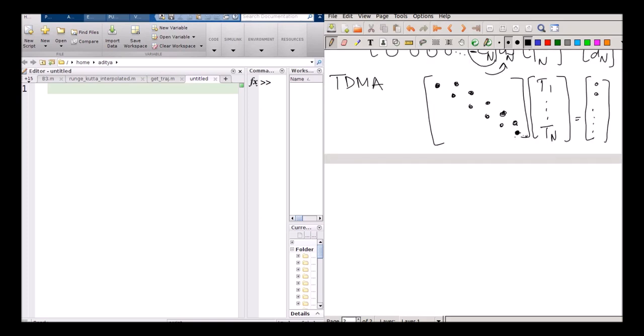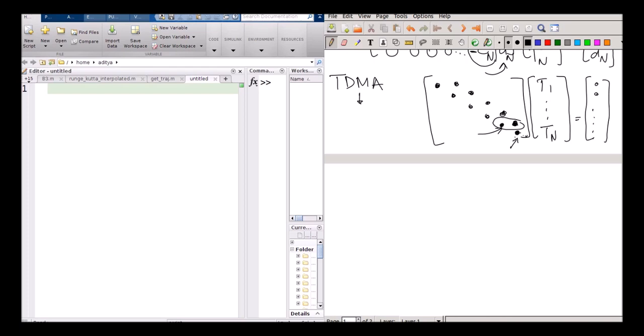Now, if Tn is known, in this particular set of equations, Tn minus 1 and Tn are unknown, but we just found out Tn from the previous equation, and this equation would help us in solving for Tn minus 1. So this step in which we use Ti to solve for Ti minus 1 is called back substitution.